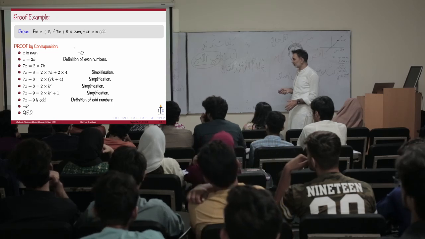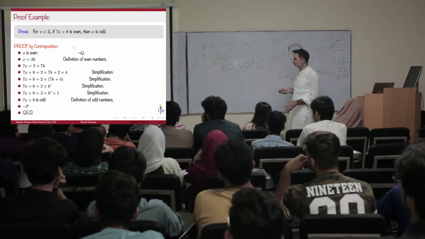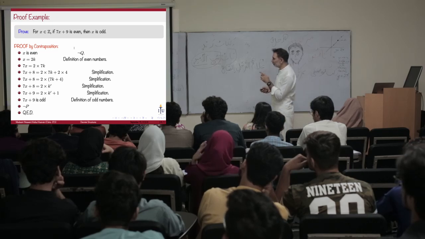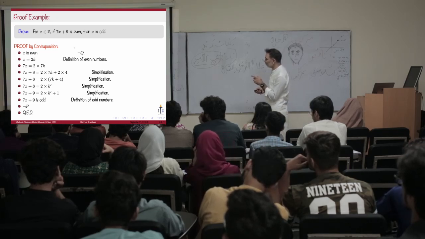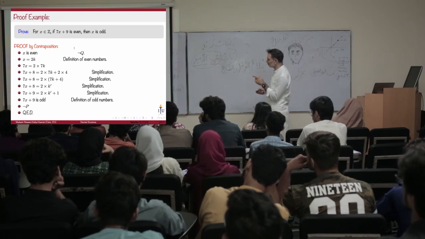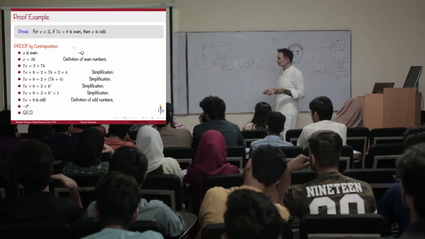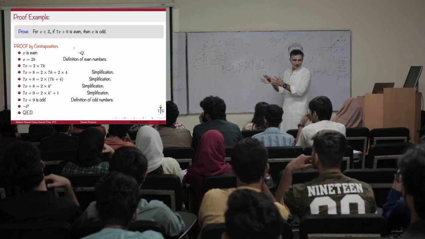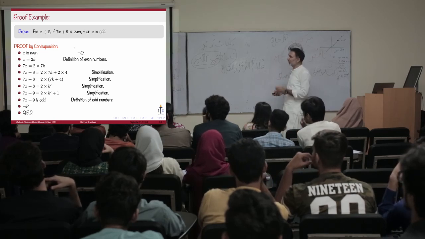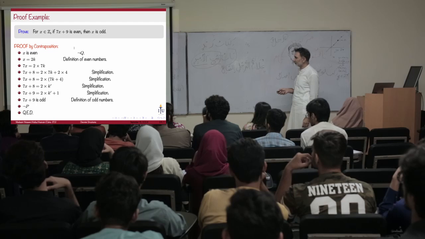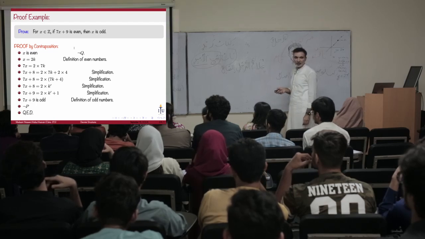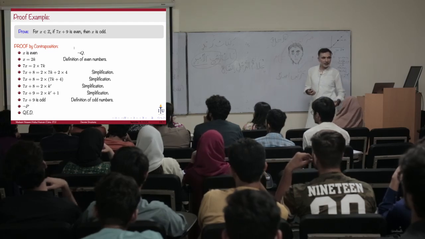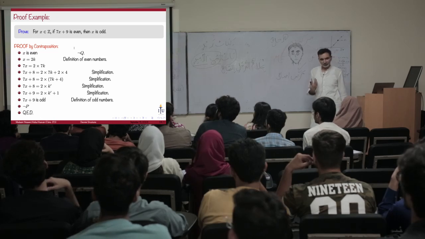And then at some point I'm going to say this thing is odd. Yeah, this is where I'm going to say this is odd. And then I'm going to add 1, and then I'm going to say this thing is some number times 2 plus 1. So it must be odd. Okay? And that's it. So if this is odd, I get negation of P. So now I have proof by contrapositive.